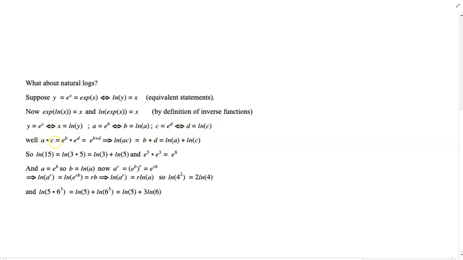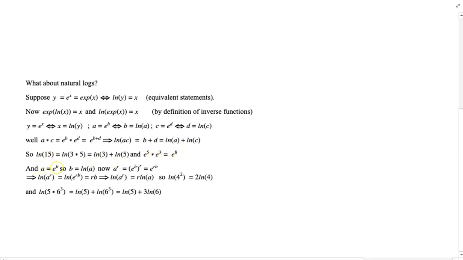Then a times c equals e to the b times e to the d, which is equal to e to the b plus d by the law of exponents, so ln of a times c equals b plus d, and that will be equal to ln of a plus ln of c. We can apply this to something like ln of 15 equals ln of 3 times 5 equals ln of 3 plus ln of 5, and e to the 5 times e to the 3 equals e to the 8. We add the exponents.